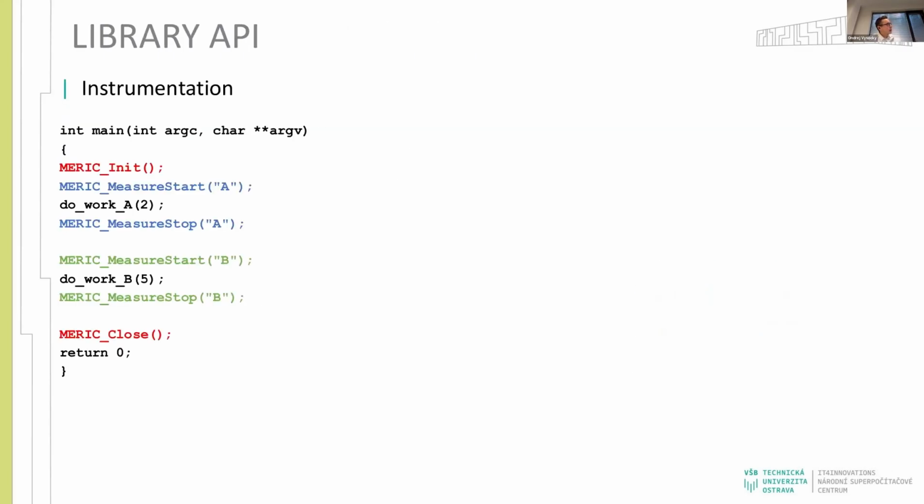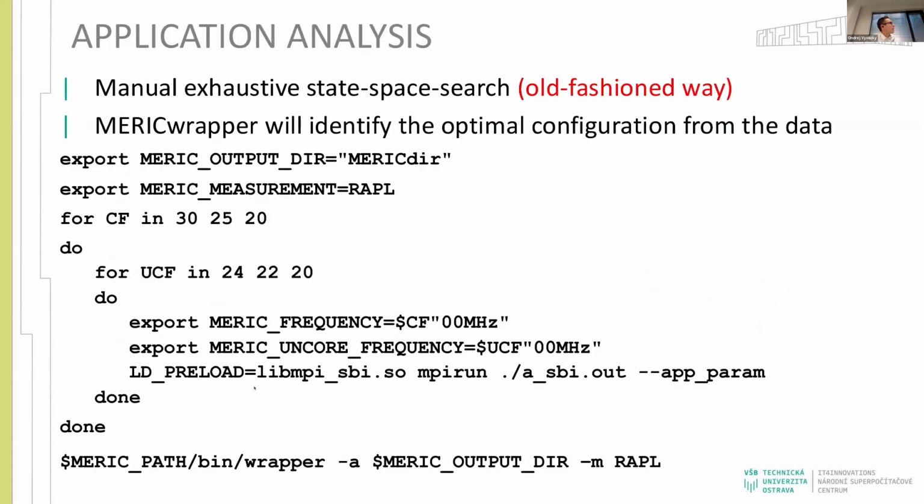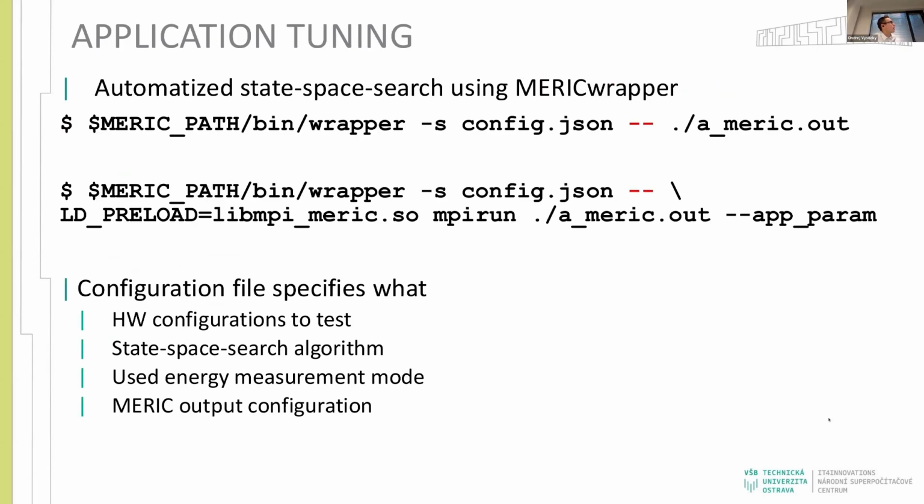Once we have insight into the application, we instrument. So this is the simple API where we identify those regions. And then using the environment variables, MERIC measurement, RAPL, MERIC frequency, we specify the configuration of the application, the hardware and MERIC itself.